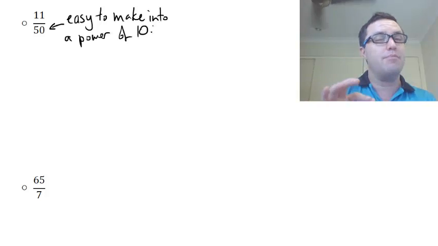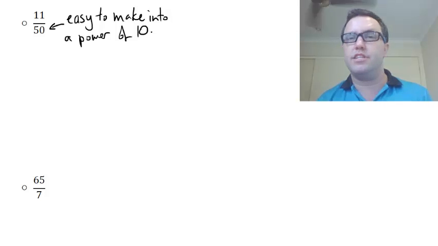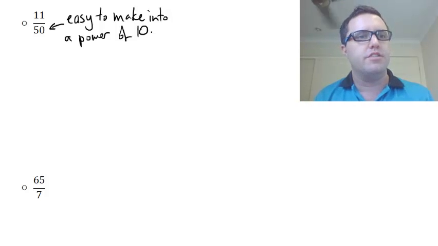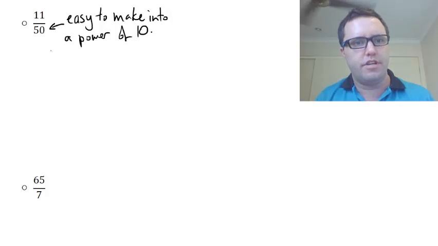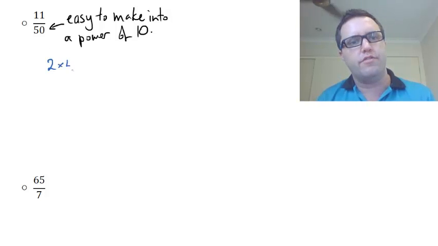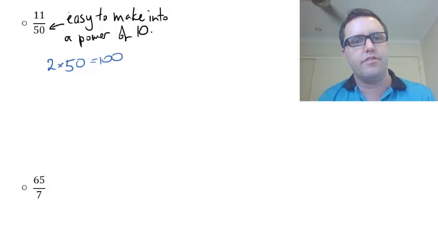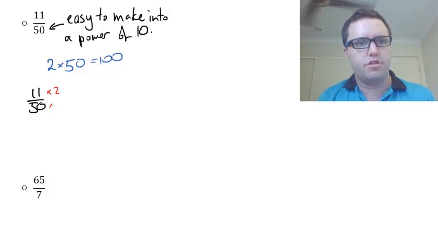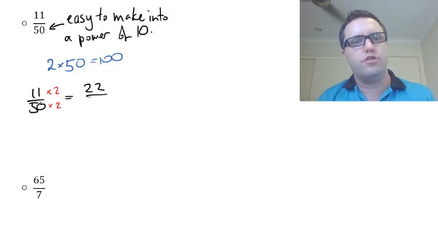Okay, typically by multiplication. Division doesn't always work because that should be in a simplest form and stuff, right? So, turns out, for those of you playing at home, 2 times 50 is 100. So that means that if we have 11 over 50, I can times the top by 2 and the bottom by 2 and get 22 over 100.